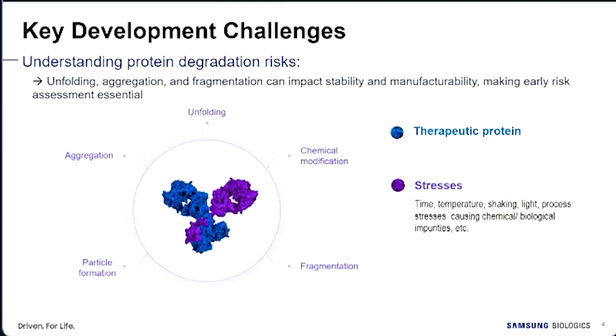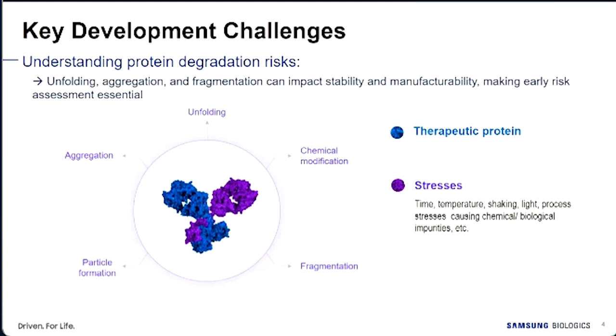As you all know, one of the biggest challenges in biologic development is protein degradation. Various factors such as unfolding, aggregation, and fragmentation can impact the molecular efficacy, stability, and manufacturability.